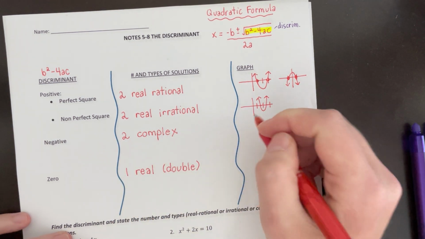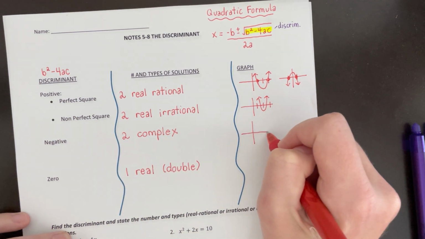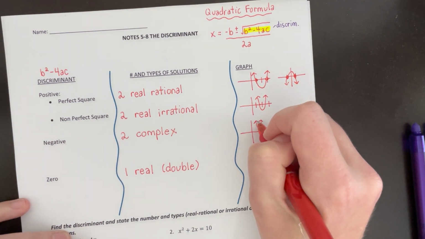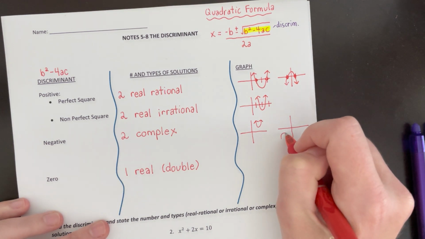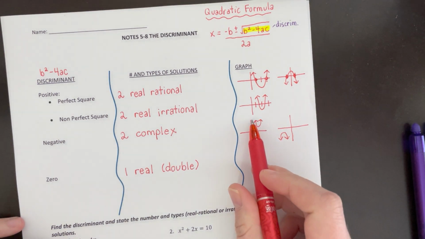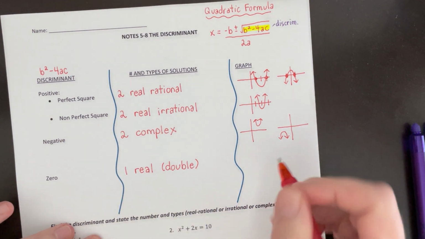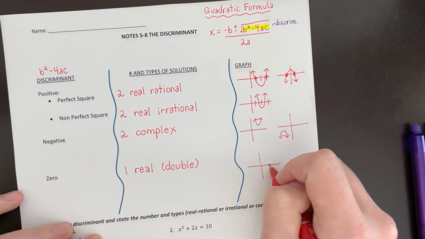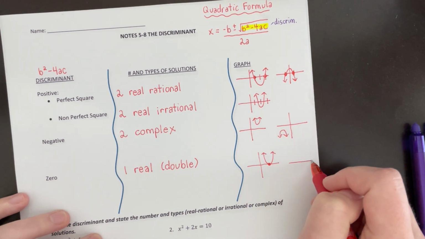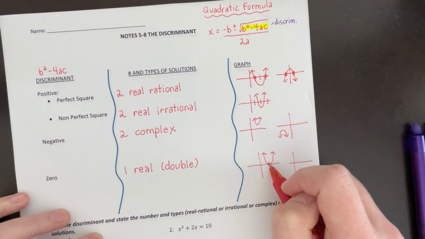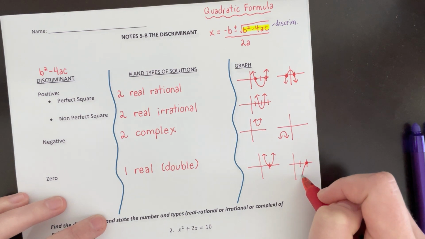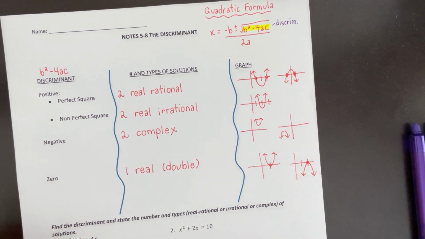How does it look when you have two complex solutions? Oh, I hope you know the answer to this one. When you have an i in your answer, it'll look something like this, where it'll never cross. Or maybe something like this, where we'll never cross the x-axis. Sure, it'll cross the y-axis, but it'll never cross the x-axis. How does a one real double look? You've seen it before. It could look like this, or it could look like this, something like that.